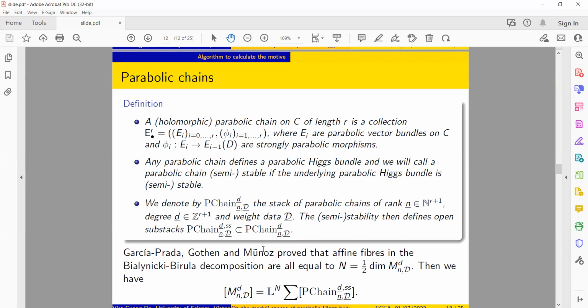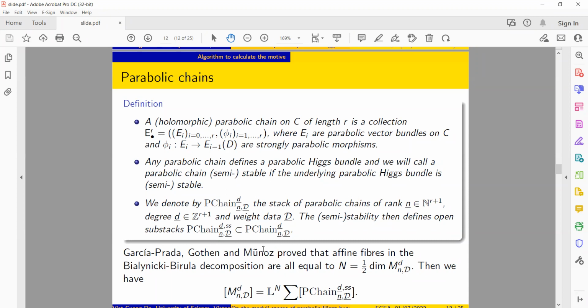We claim that any parabolic chain defines a parabolic Higgs bundle in the sense of Simpson's theorem. Now for a parabolic Higgs bundle you have the notions of stable and semistable, so we can define them for the parabolic chain: we say that the parabolic chain is semistable or stable if the underlying parabolic Higgs bundle is semistable or stable.